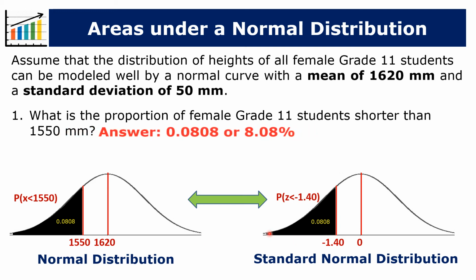So meaning to say, the proportion of female grade 11 students shorter than 1550 millimeters is 0.0808 or 8.08%. Ibig sabihin niyan, 8.08% of the female grade 11 students are shorter than 1,550 millimeters.